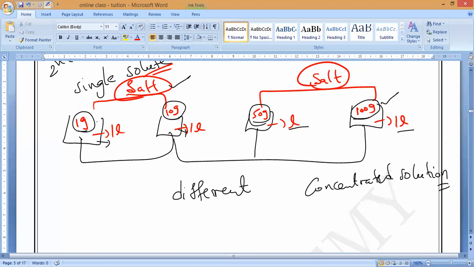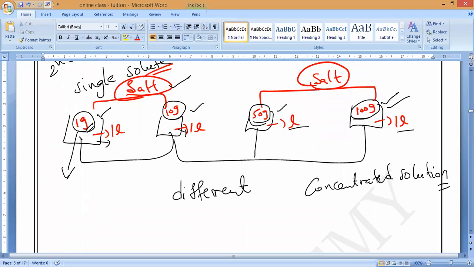But here salt is just 1 gram, so it won't be that much salty. Here a little bit more, here a little bit more. Here too much salty. So we will feel more salty in nature. That is what you have to remember.